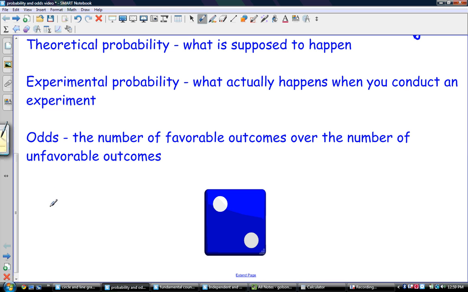So I'm going to record what I get over here. So I get a 2. Let's roll the second time, and I get a 1. Okay. And the third time, I got a 3.